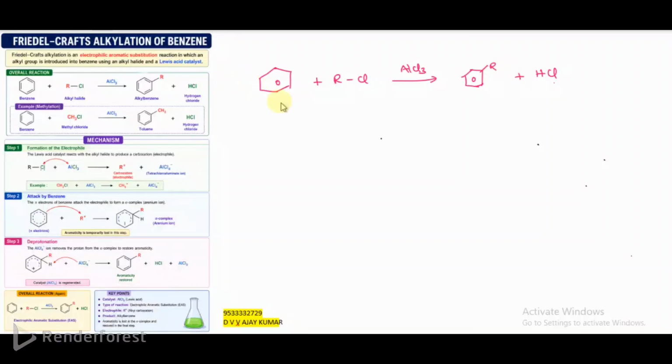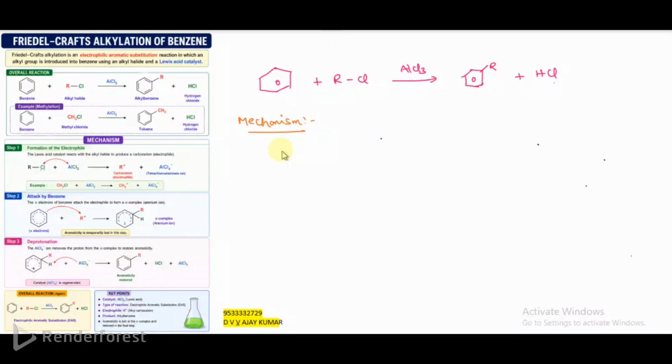Now we are going to discuss the mechanism of this reaction also. Let's see the mechanism. In this mechanism, step 1 is the generation of the electrophile. The electrophile is a positively charged species, or it may have a vacant orbital.